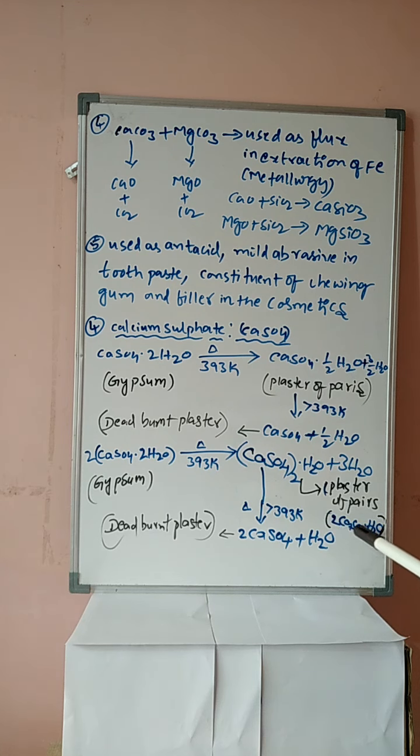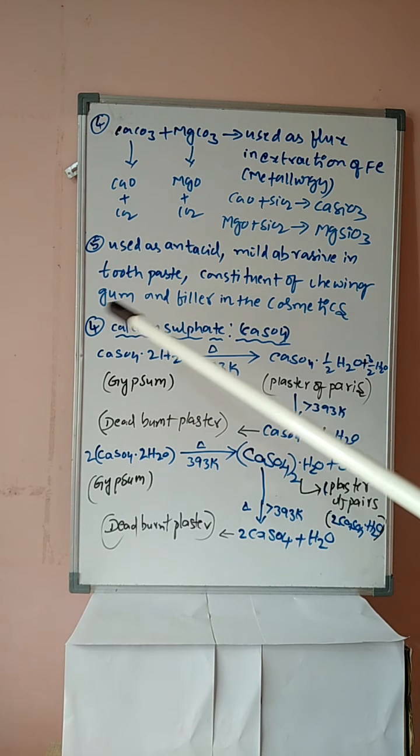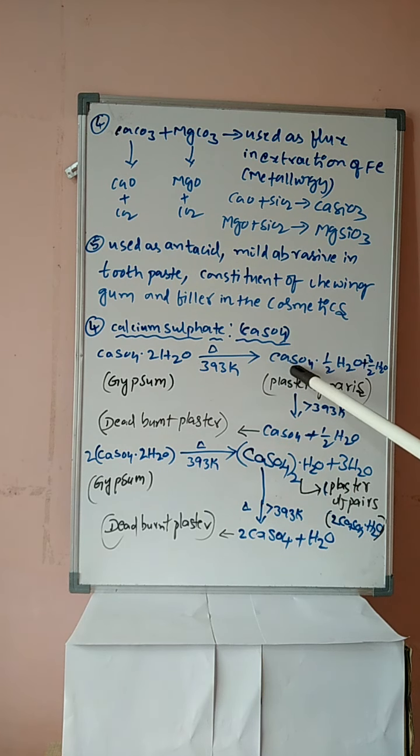It can also be represented as 2 CaSO4.H2O. CaSO4 taken twice with H2O is also known as plaster of Paris. If we consider one molecule of gypsum, the plaster of Paris is CaSO4 half H2O.